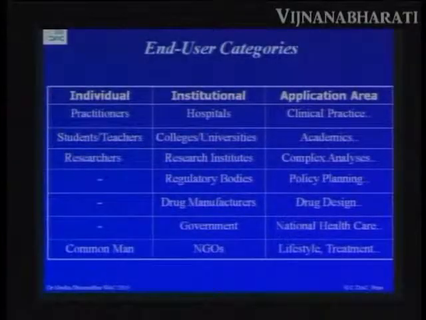These are the several end user categories. Individuals like practitioners, students, teachers, researchers, or even a common man is a potential user of ICT in healthcare. At institutional levels, hospitals, colleges, universities, research institutes, regulatory bodies, drug manufacturers, government and NGOs are also stakeholders.